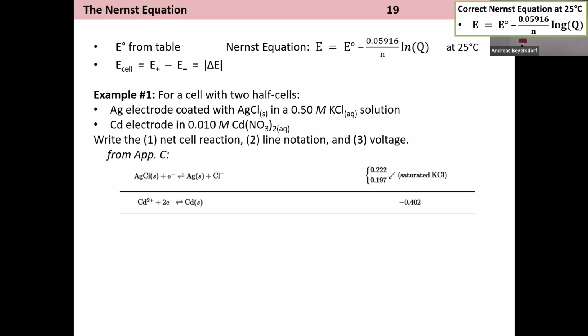The second is cadmium and cadmium nitrate. If I look at Appendix C, I can see there is AgCl plus one electron going to form Ag solid plus Cl minus. This one's a little bit different than some of the other reduction potentials we see. Notice it's written in this way.